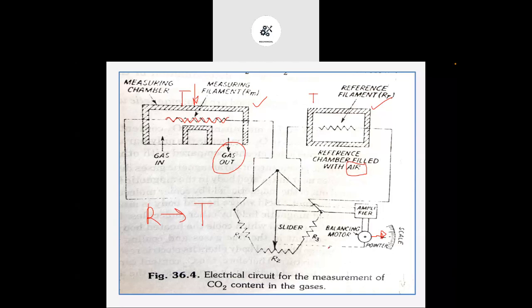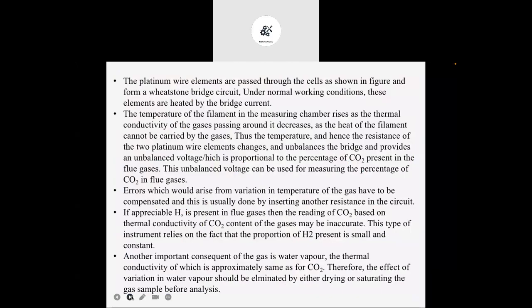So here the temperature will increase, because as we increase the thermal conductivity, temperature will decrease, right? So if thermal conductivity is decreasing, the temperature of this filament will increase, that will increase the resistance, and that will show the amount of CO2 present inside the flue gas.